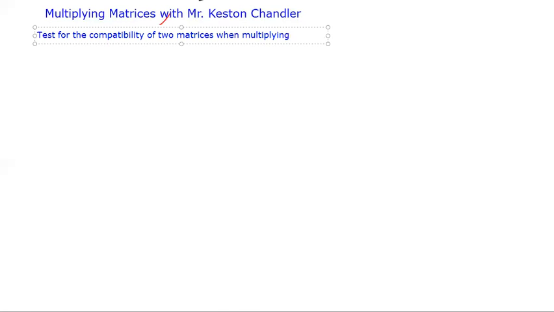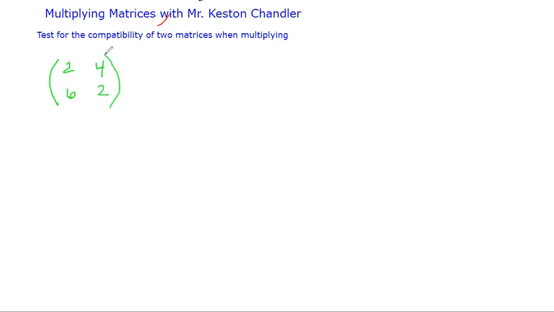To tell whether two matrices are compatible or not, we need to look at the order of the matrices. So let's put some matrices on the board. Let's say I have 2, 4, 6, and 2. And I want to multiply this by, let's use 1, 2, 1, 3.